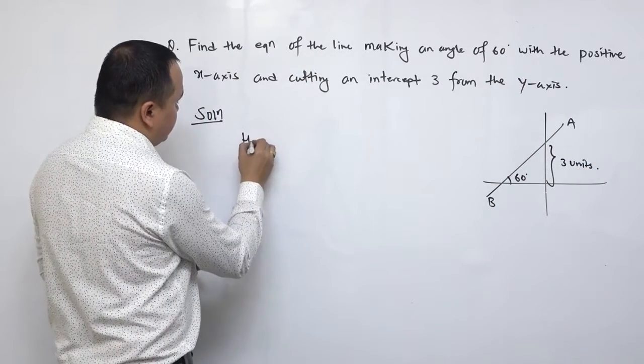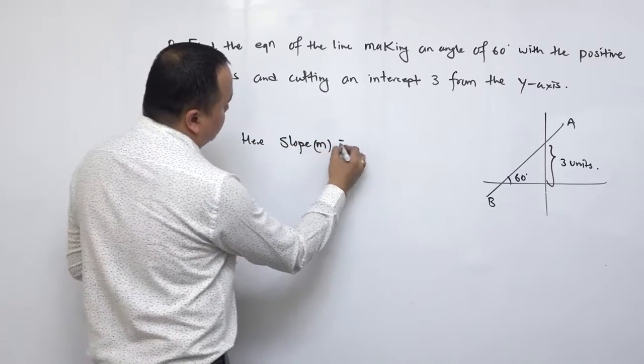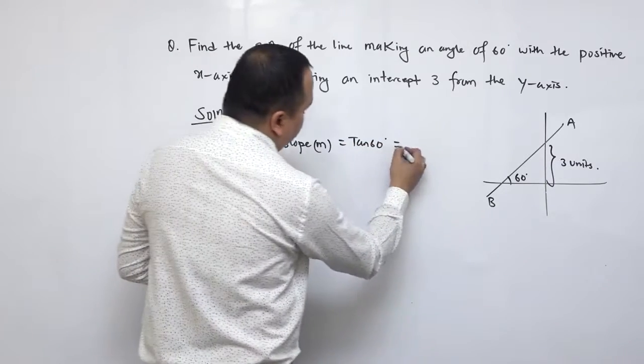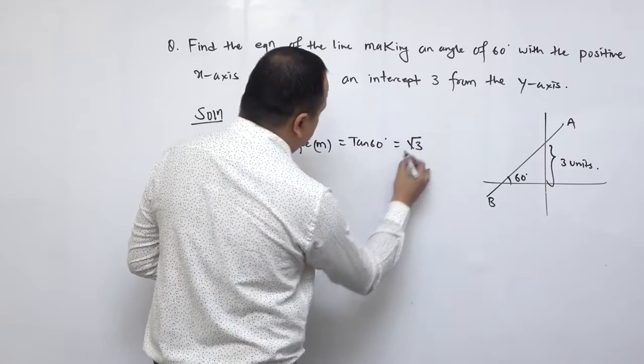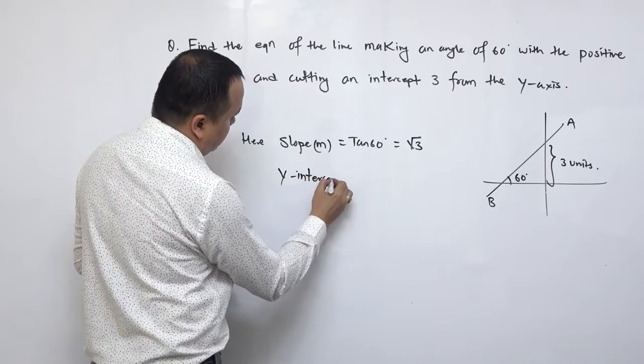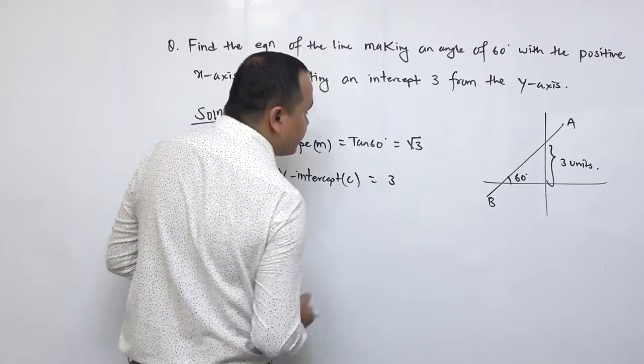Here slope m is equal to tan 60. The value of tan 60 is √3. The y-intercept c is equal to 3 units.